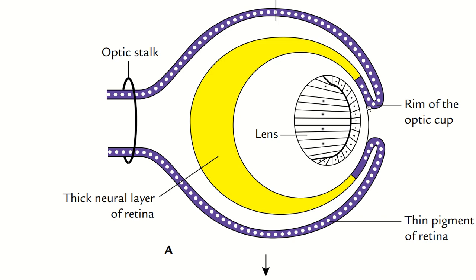It's going to be responsible for the formation of the following. Take note: the anterior one-fifth will form your iris, mostly your inner layer of the iris, and it's going to form your ciliary body. Remember your ciliary body with your ciliary muscles, with your ciliary zonules, and so forth.